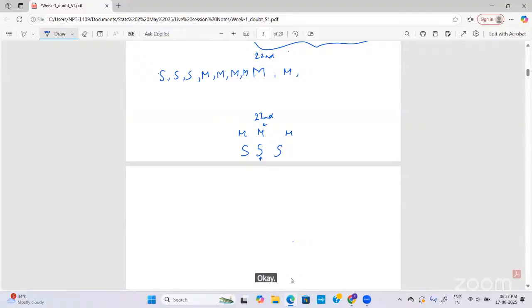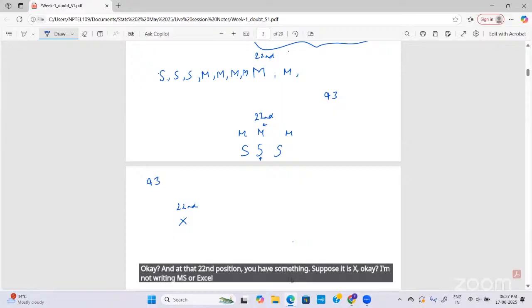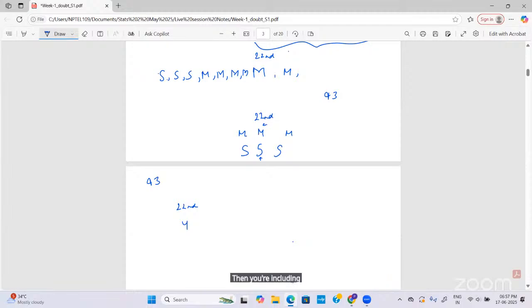Okay, so when you include that size in your data set, first you have 43 total observations. And at that 22nd position, you have something. Suppose it is Y. Suppose Y is the median. Then you are including the other two.